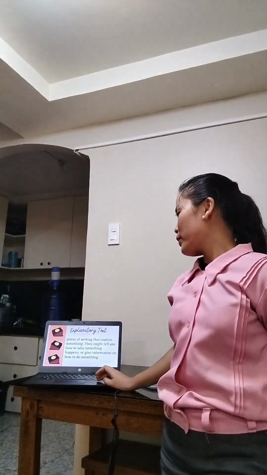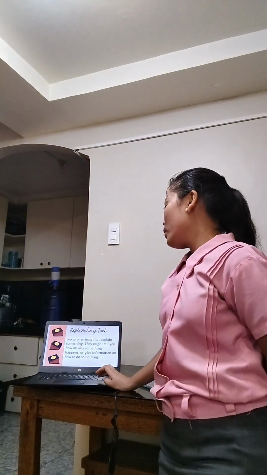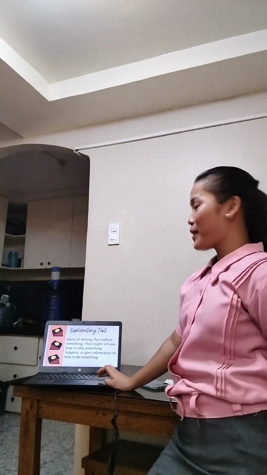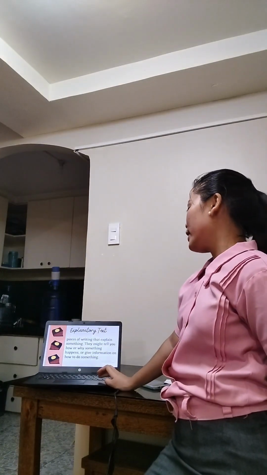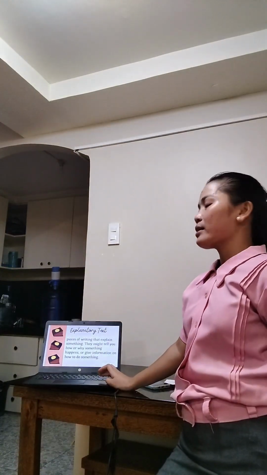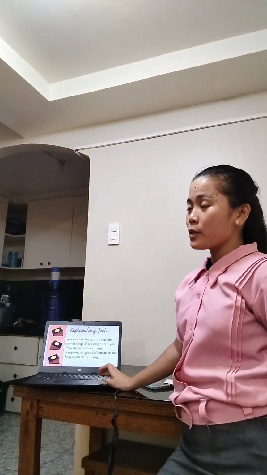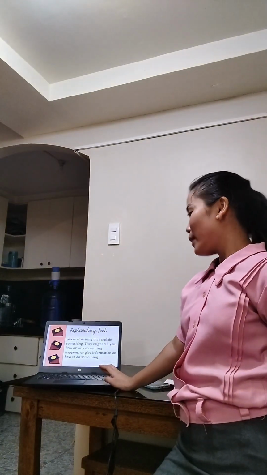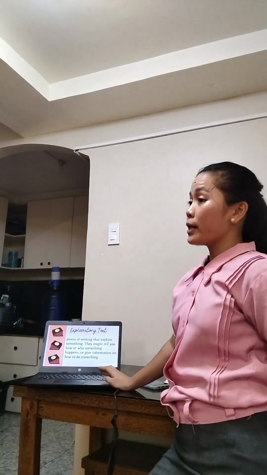Alright, let's proceed to another type of text, the explanatory text. So what is explanatory text? Of course, it's a piece of writing that explains something. They might tell you how or why something happens or give information on how to do something. Just like expository text, explanatory text also gives us information. Although the purpose of all these types of text is to give information, what makes explanatory text unique is that it focuses more on explanation.